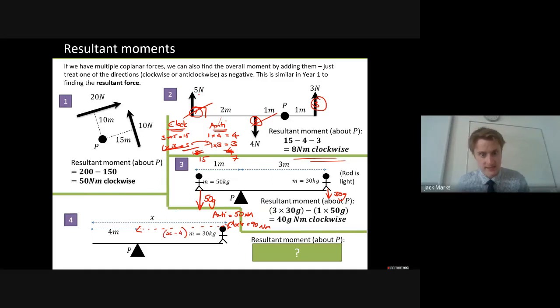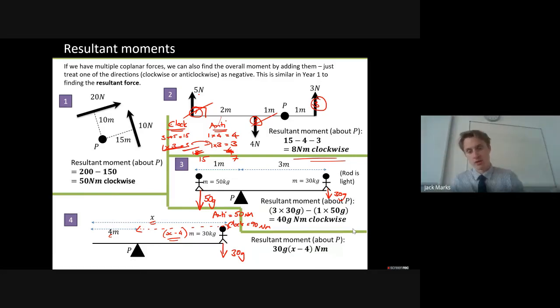The test is, what would x minus 4 need to become x? You would need to add on the 4. So this is a little trick you can do in your head to check your answer. So there's only one force here. This is 30G, and it's x minus 4 away. So 30G times x minus 4 in Newton meters. And that would be clockwise.